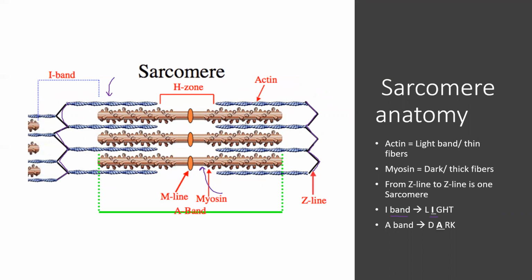Has I, that's why it's called the I band, it's light. The A band is where myosin is located, all the dark band. And dark has A, so myosin is the A band. The M line is just dead middle. The H zone is where there's no overlapping of such. So that's the sarcomere. We'll talk about that in a little bit.